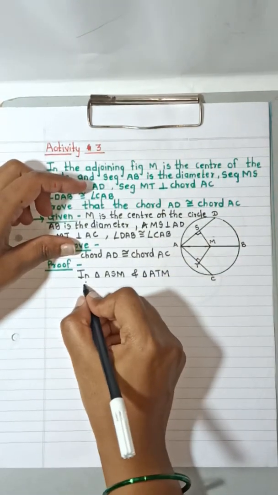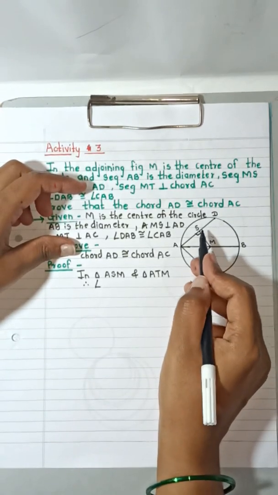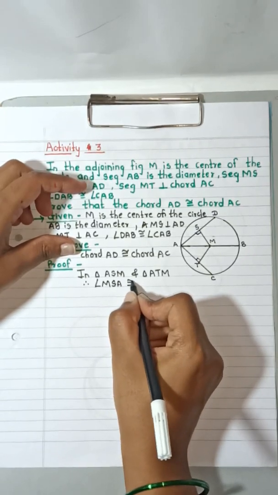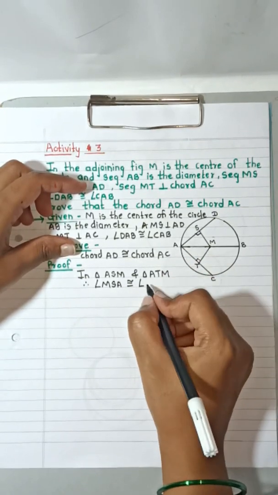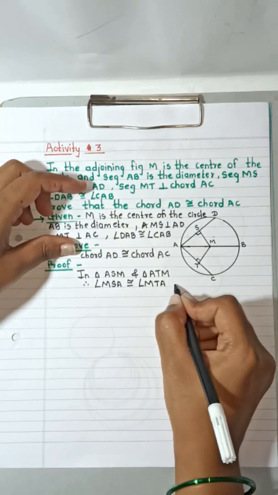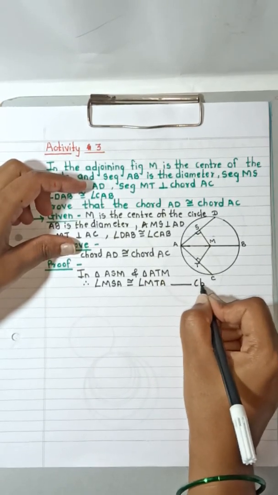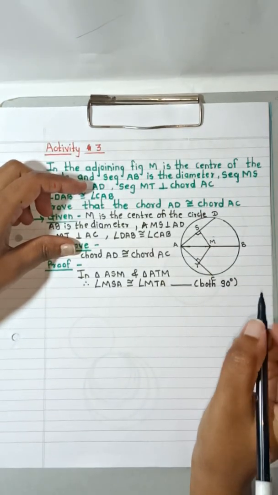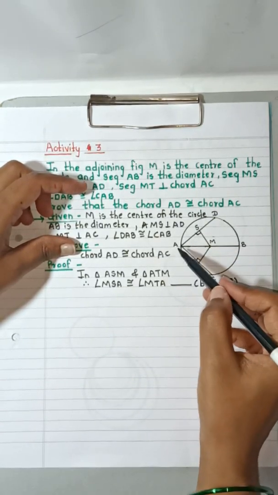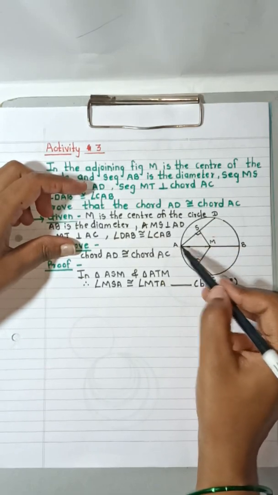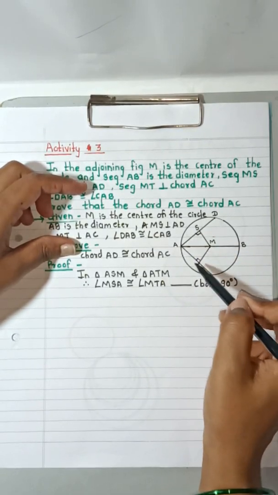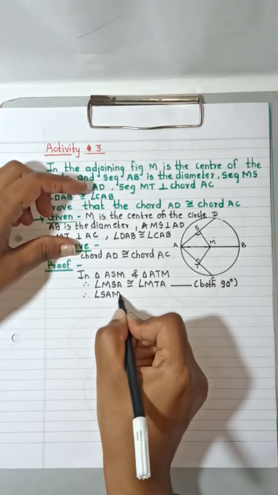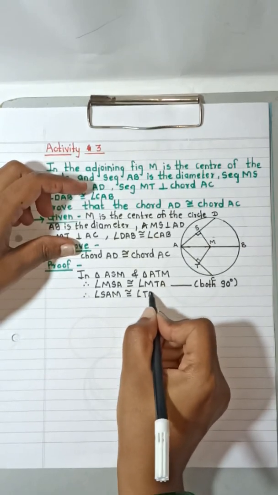Therefore, angle MSA is congruent to angle MTA, both are 90 degrees. You can also see that angle SAM is congruent to angle TAM.